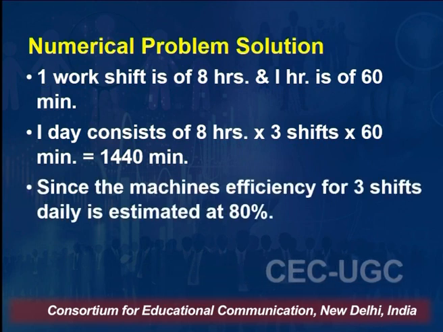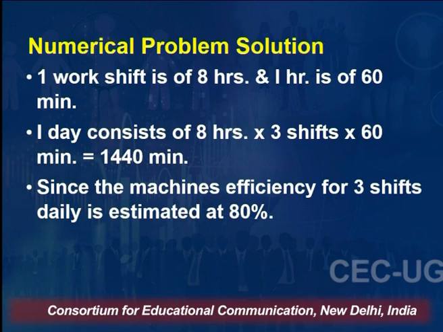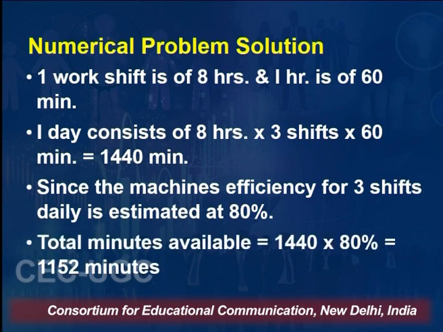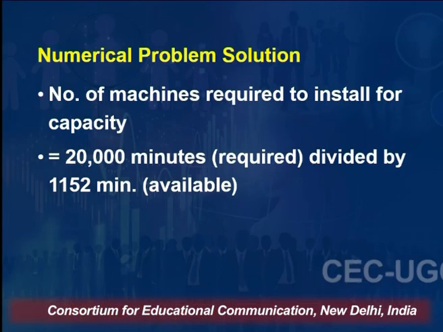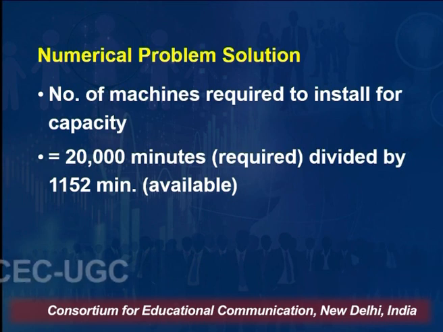Since the machine efficiency for 3 shifts daily is estimated at 80%, you're not able to achieve the full time, because there is lunch time, there are breaks, and there is maintenance time. So you multiply 1440 by 80% and you get only 1152 minutes. Your requirement is 20,000 minutes, but your available time is 1152 minutes.